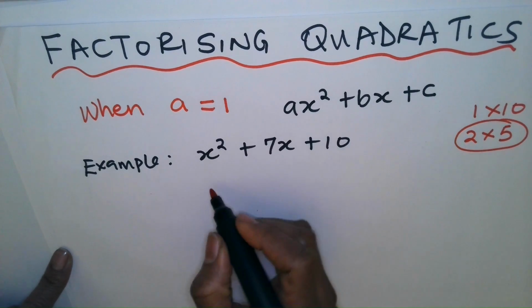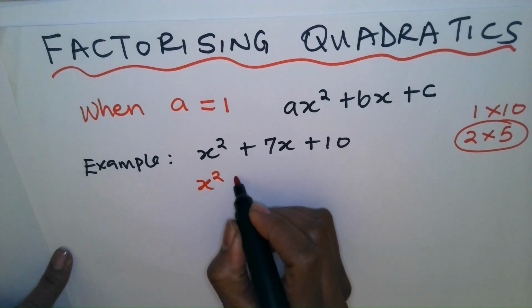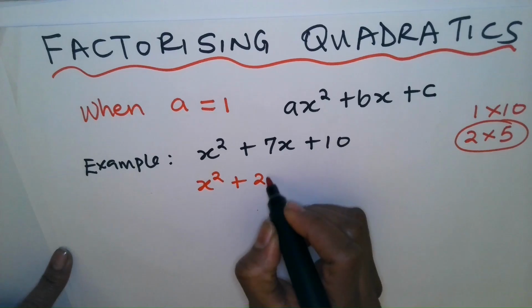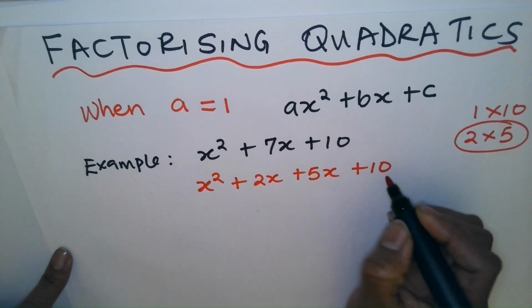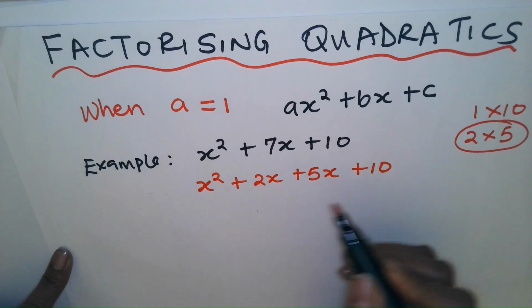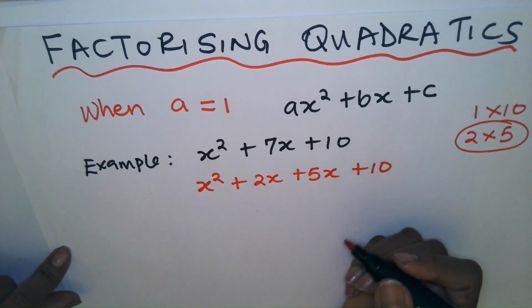So what I'm going to do now is x squared plus 2x plus 5x plus 10. It doesn't matter if the 5 comes first or the 2 comes first.